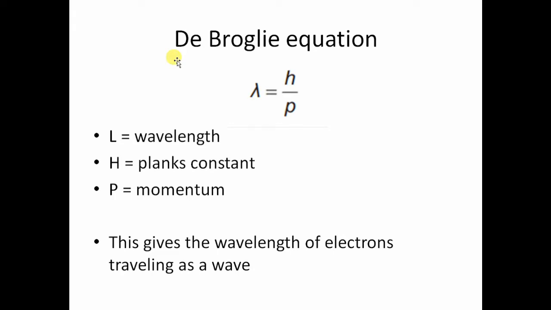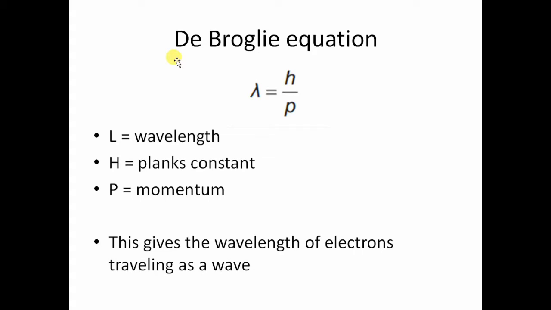So just a reminder that the de Broglie equation is wavelength equals Planck's constant over the momentum of an electron. Basically, we're saying a faster electron will have a smaller wavelength.